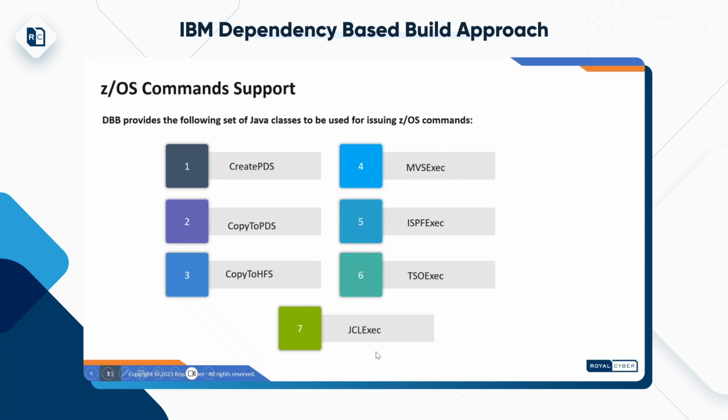And in between the steps, you may need to create a data set, delete a data set, or copy some content from one data set to another. You have classes like CreatePDS, CopyToPDS, CopyToHFS. These are all the Java classes supplied by IBM as IBM DBB APIs, which we will make use of to create your Groovy script, which helps for building your z/OS application.